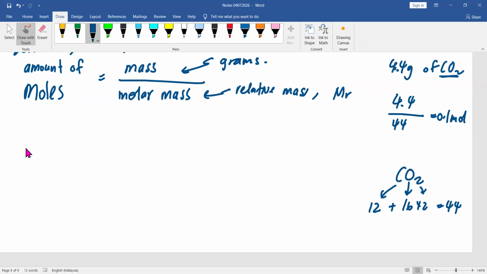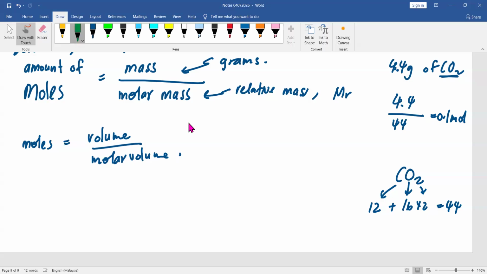The second formula, amount of moles, is volume over molar volume. So what is molar volume? This one is specifically only for what? Jonathan? It's only when they give you a volume of gas.